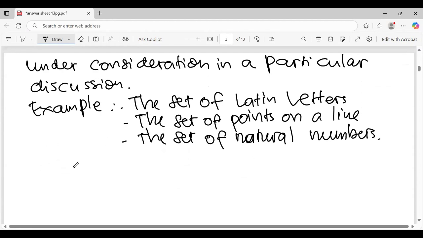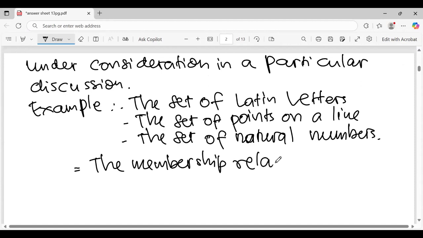And next, about the membership relation.